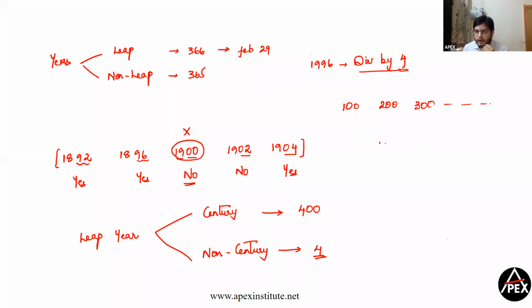Now, what is the cyclicity of a leap year? For example, if X is a leap year, then the next leap year may be X plus 4. Why did I say maybe?